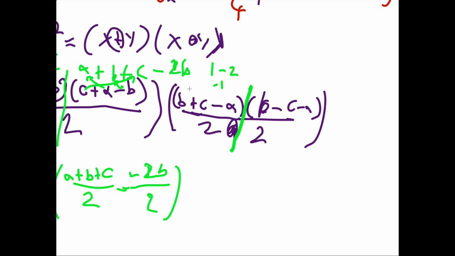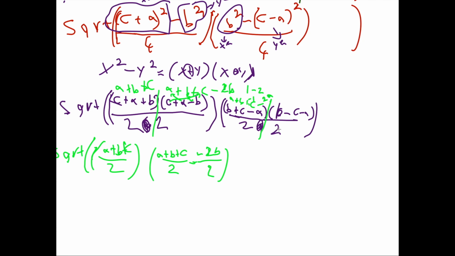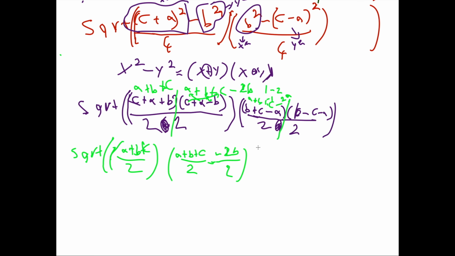We can simplify this to a plus b plus c minus 2a, right? Okay, and divide by 2, of course. So we can do that right now. Square root of a plus b plus c divided by 2 minus 2a divided by 2.